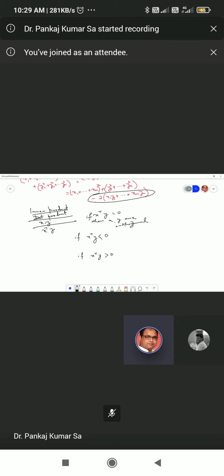Then x and y are orthogonal or they are perpendicular? Yeah, x perpendicular y, 90 degree. Otherwise, they form an obtuse angle and acute angle. Acute means less than 90, right?